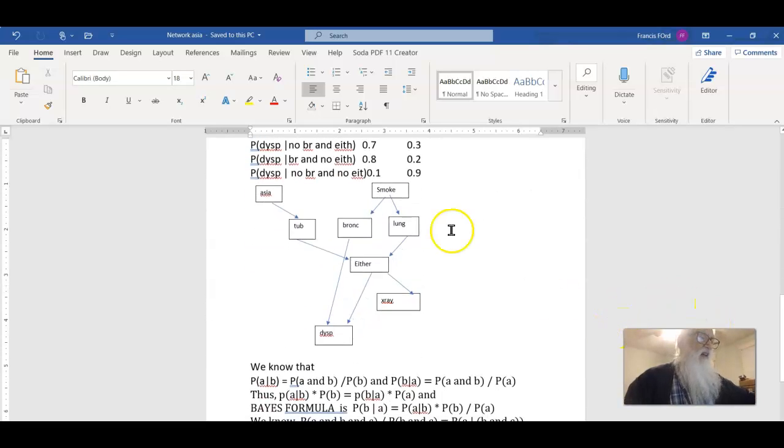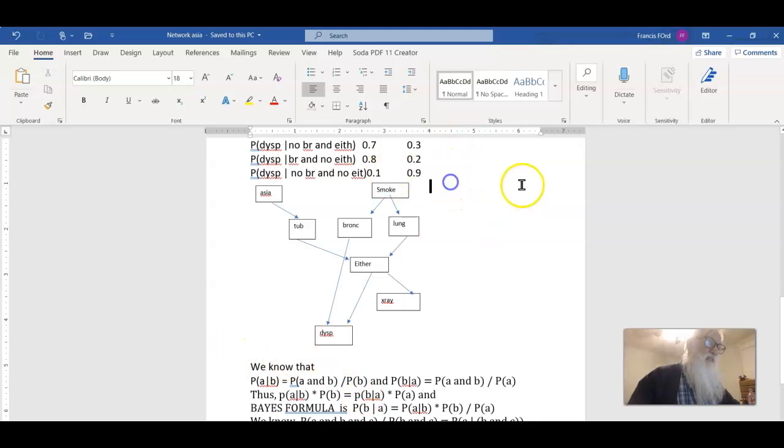Now, a Bayesian network is a graph, but it's a special kind of graph. It's a graph called a directed acyclic graph, or DAG, D-A-G. I ought to write that down here.